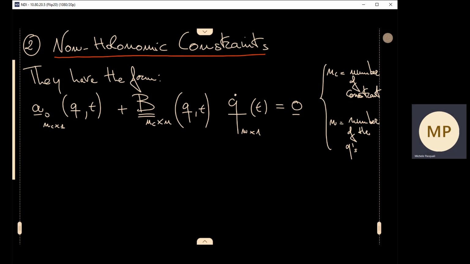Now, let's observe one thing, which is important: neither the B nor the A is a function of the velocities.